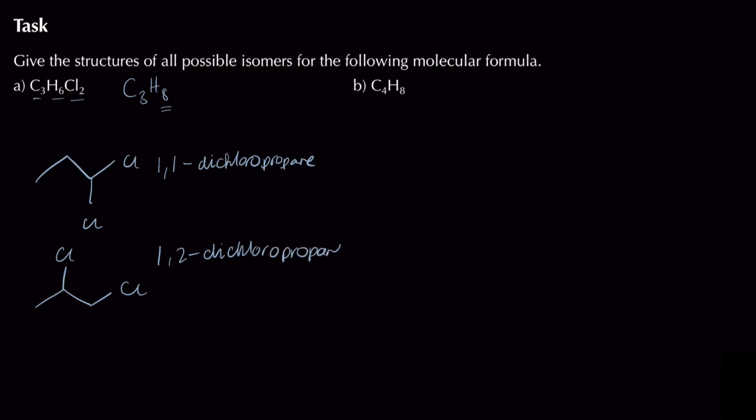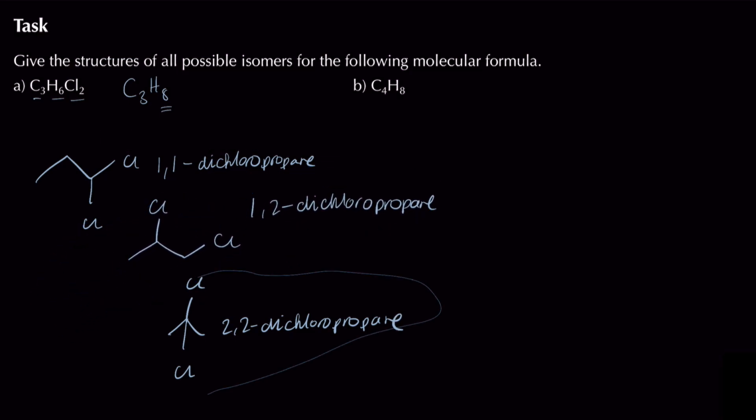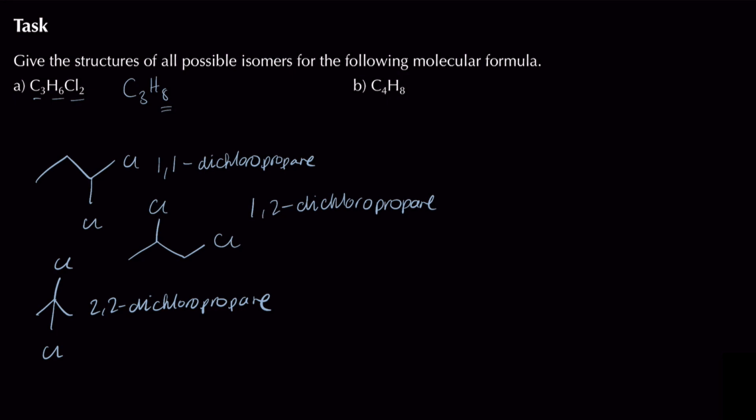Another isomer is when I take both chlorines and put them at the 2 position, so I end up with 2,2-dichloropropane. So far we've got 3 isomers. There is another one we can get, 1,3-dichloropropane.